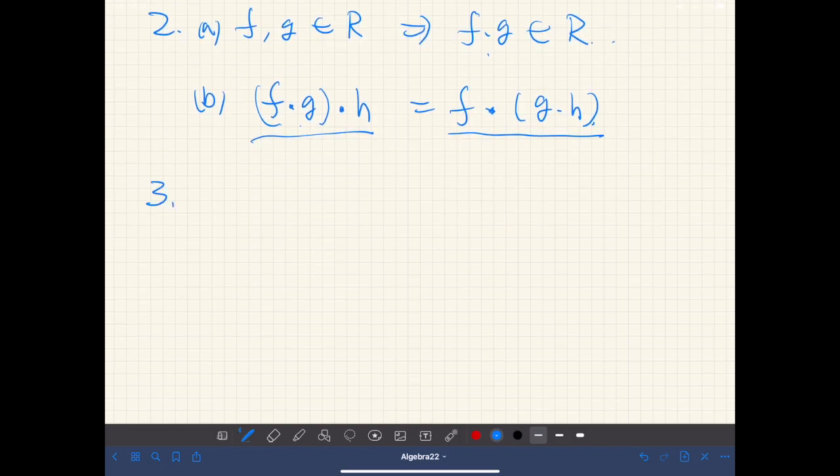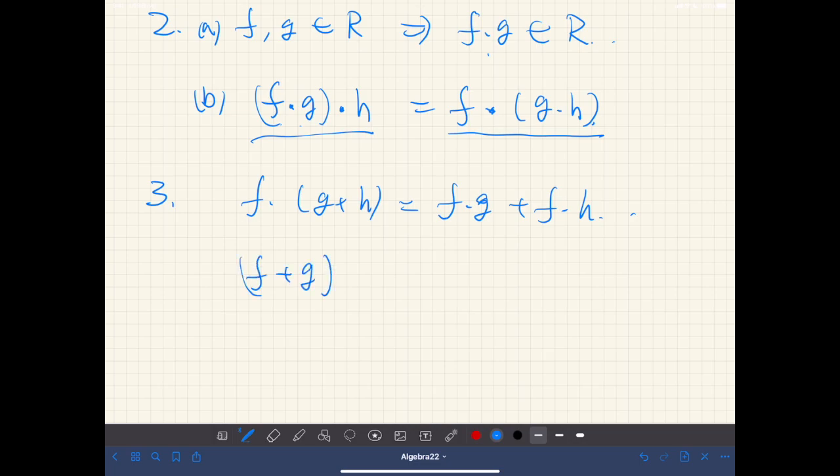And also distributive laws. We need to show that f dot (g plus h) is equal to f dot g plus f dot h. So just apply the definition over and over, and I hope this is easy to see.